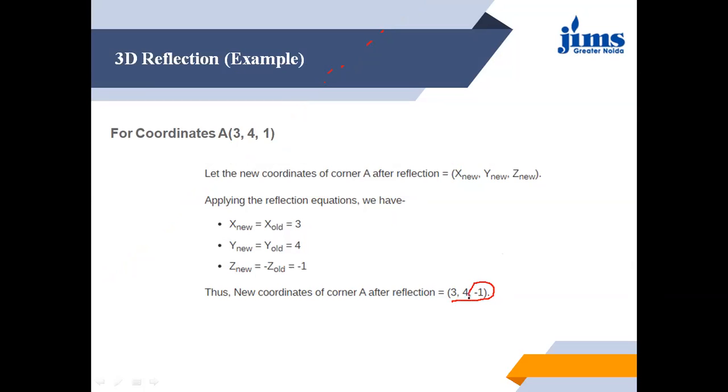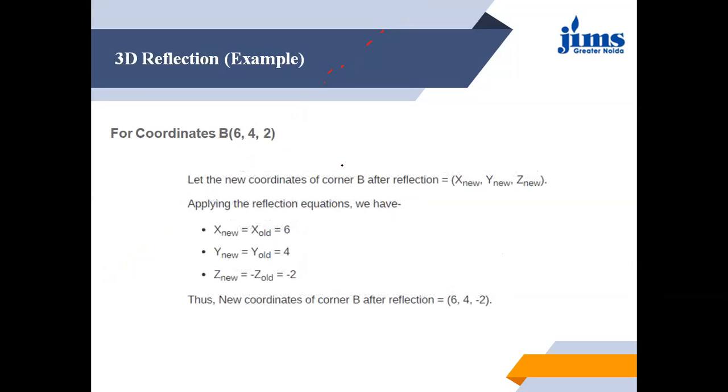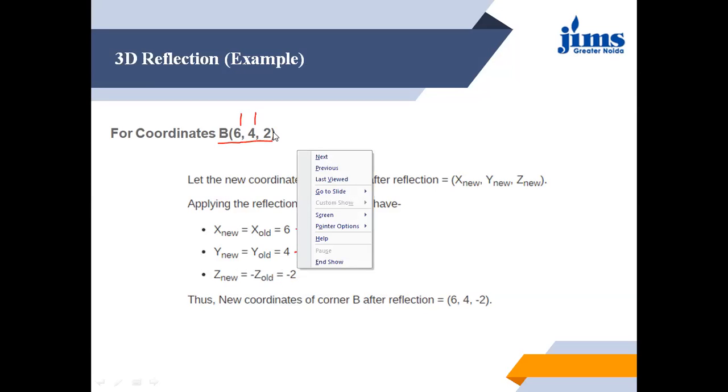In the same way, we can find the values of the other points, B and C. B is 6, 4, 2. The values of x and y, that is 6 and 4, will not change. Only the value of the z coordinate, that is minus 2 instead of 2, is going to be changed.